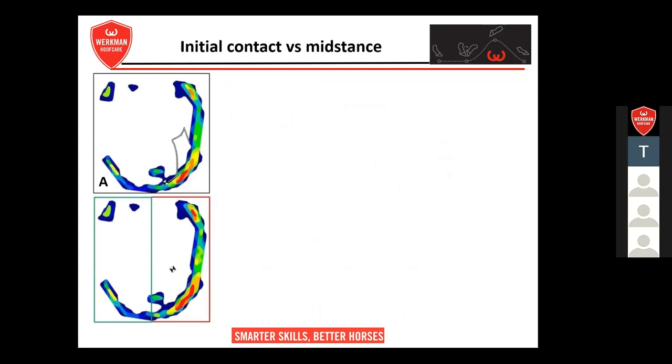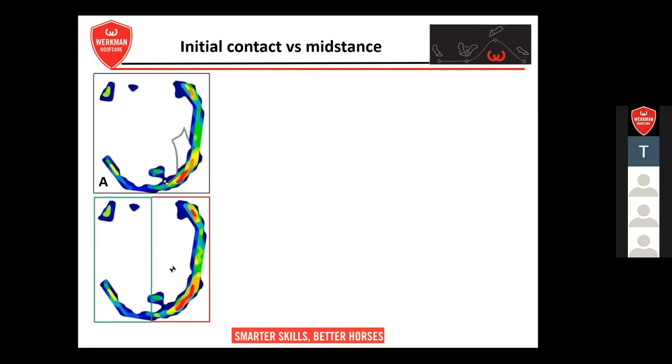In case A, we see the left foot of a horse with a very clear lateral landing. And also during mid-stance, the lateral part of the hoof is more loaded. You can see it by this black-white box here. This just represents the location of most load during mid-stance.